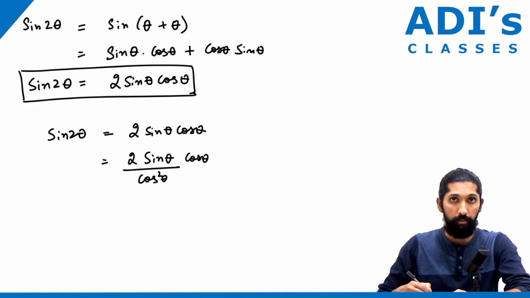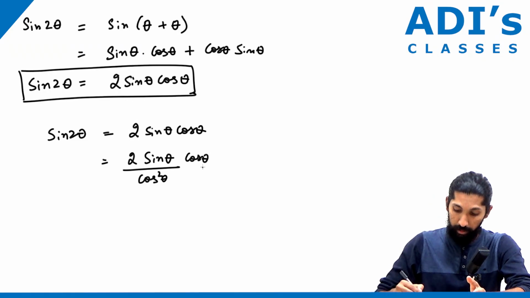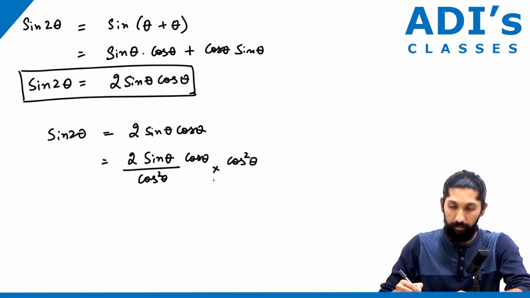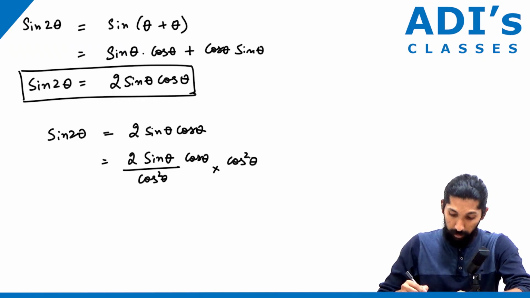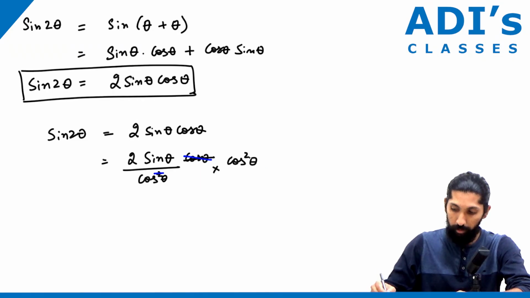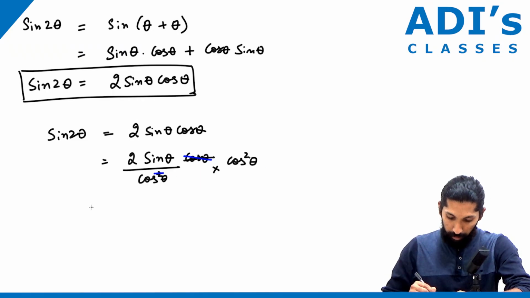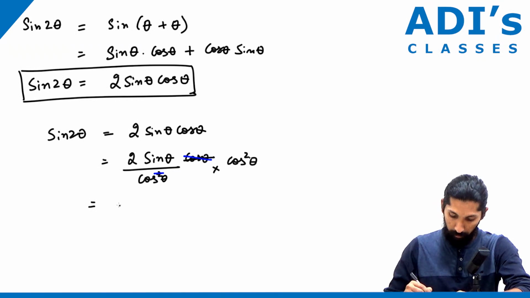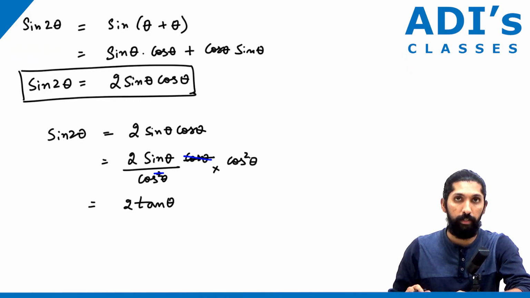We can't just divide, we also have to multiply, so for that multiplication part, this into cos square theta. First, this cos theta cancels with this one cosine. Now we end up with 2 sin theta by cos theta, that is 2 tan theta into cos square theta, right?